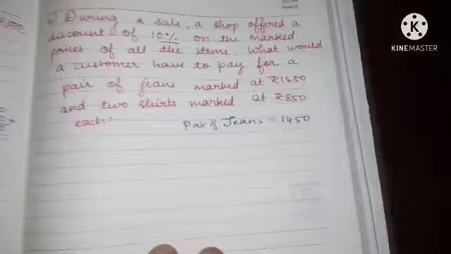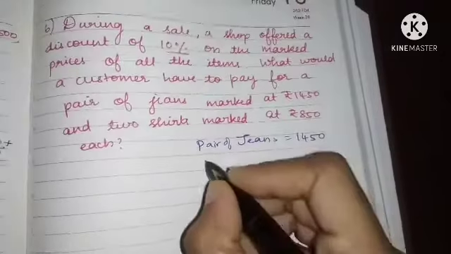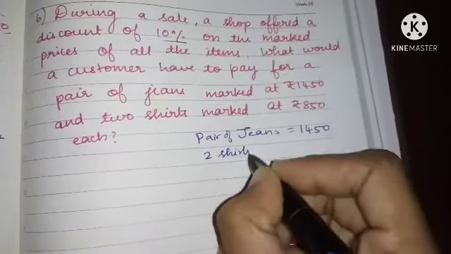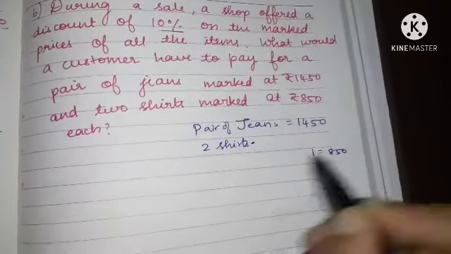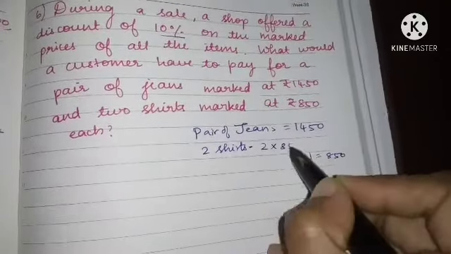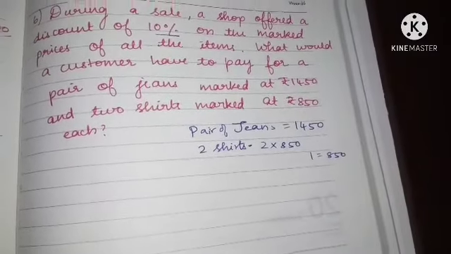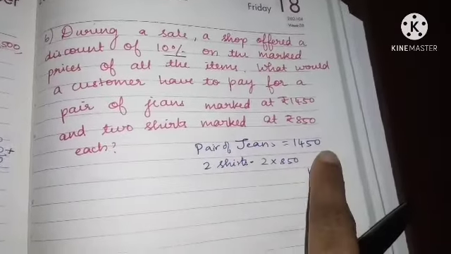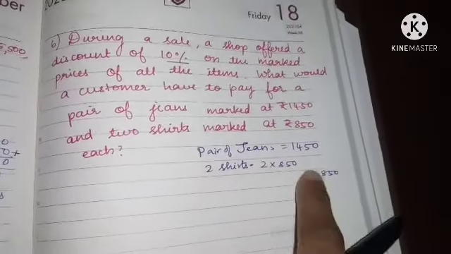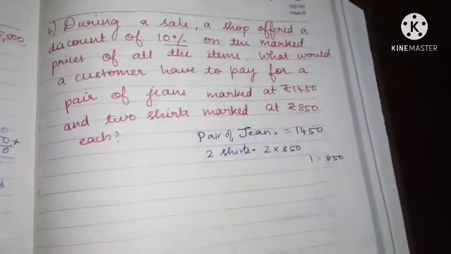Next, two shirts marked at 850 each. But for one shirt it is 850 rupees. So two shirts means 2 into 850 rupees. Correct? For the pair of jeans, the total amount for two jeans is 1,450 rupees. Two shirts is 2 into 850 rupees, because they have given the one shirt amount here.